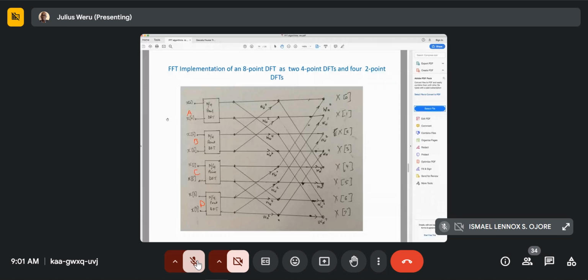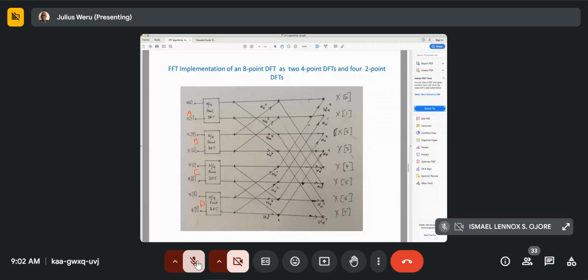The second position, which means the input to this, is now the input to the first n over 4 point DFT. We are going to have 0, 0, 1, which reversed becomes 1, 0, 0, so it becomes the fourth sample.